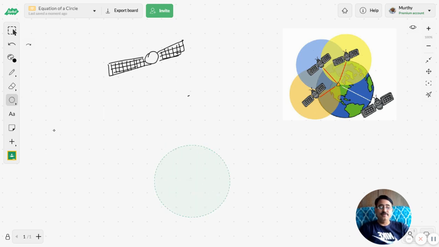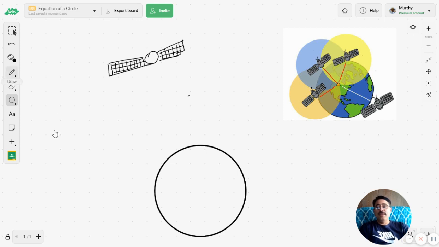Let's say that this is the Earth. Now, here the GPS system is focusing this way. Please notice that a part of a circle is taken.